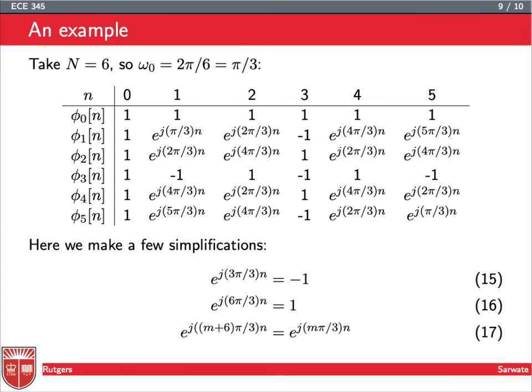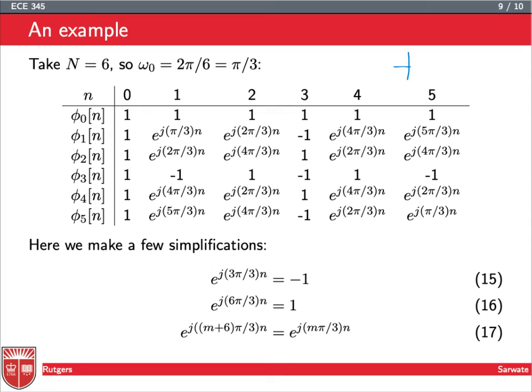So let's do an example, because I think that makes things a little bit clearer. Let's take capital N equals 6. So omega naught is 2 pi over 6, or pi over 3. So this is a signal which has period 6. So we can write it from n equals 0 to 5. That's one whole cycle of the signal. And so we can write out what these are. So the Nth roots of unity, why are we calling them the Nth roots of unity?